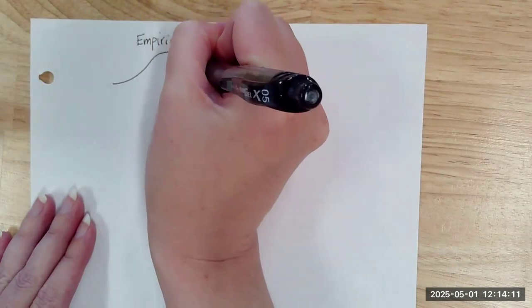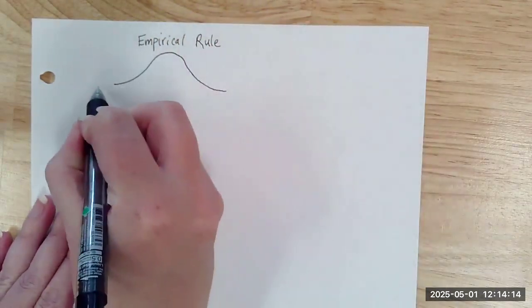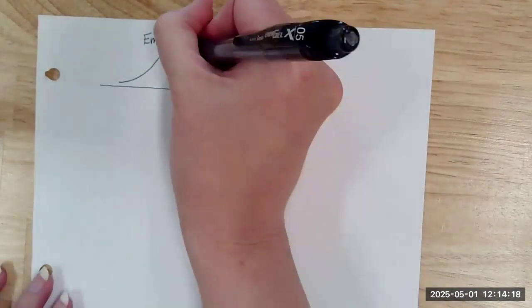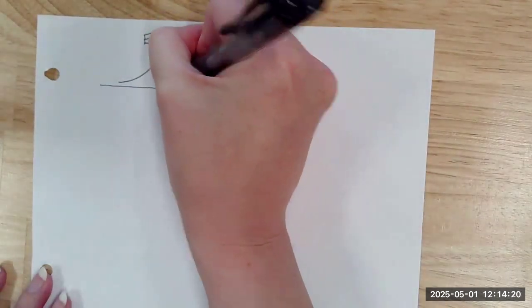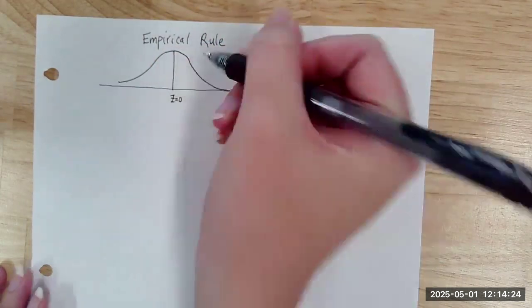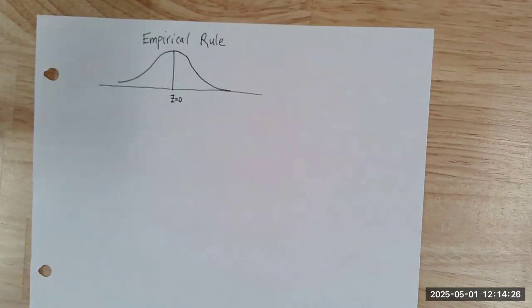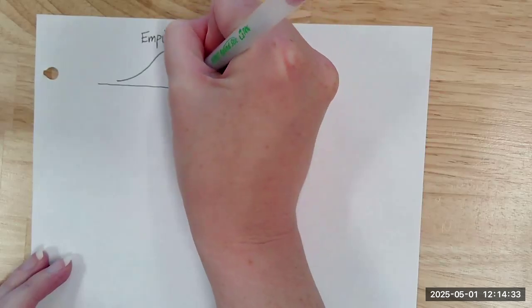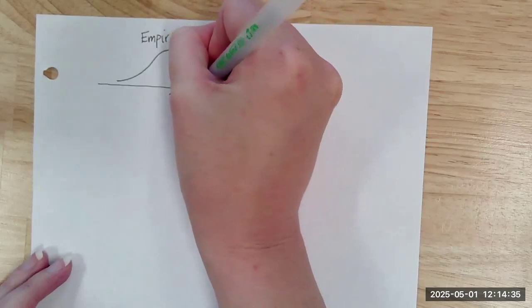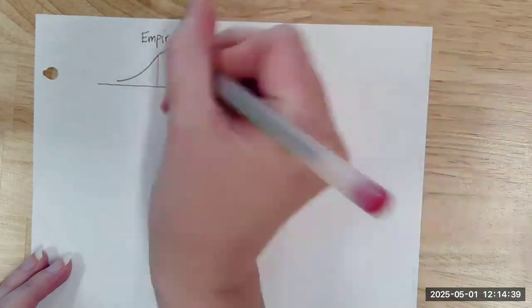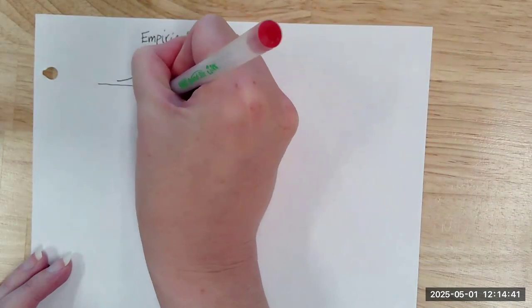And with the empirical rule, what we said was that within one standard deviation of the mean, so we set that mean right in the middle of the distribution, and we called that z equal to 0. If we were one standard deviation away in either direction, so if I went out this direction, one standard deviation, that would be z equal to 1. And if I went backwards one standard deviation, that was z equal to -1.